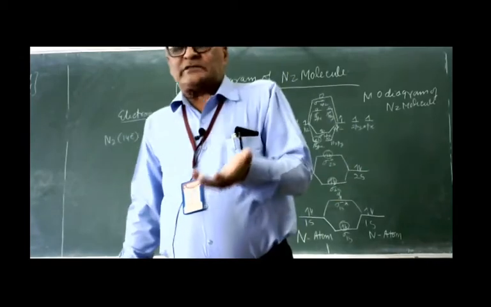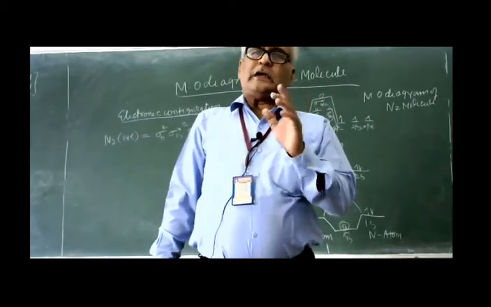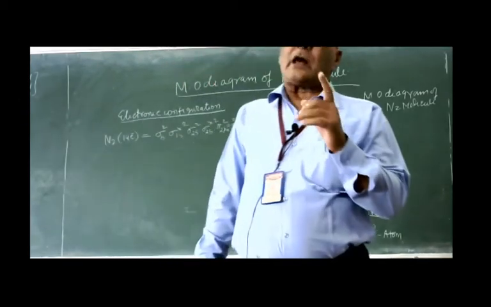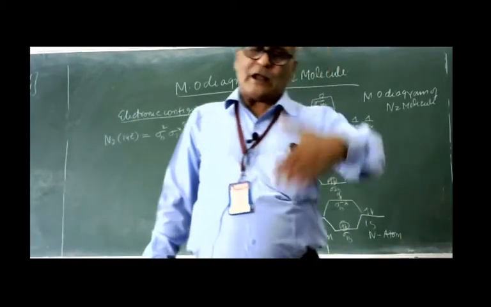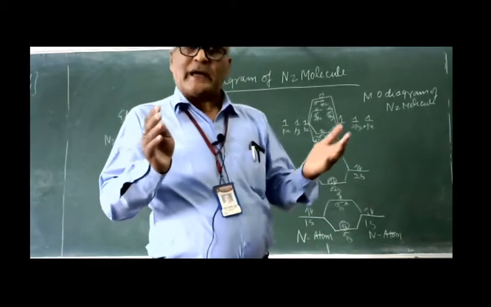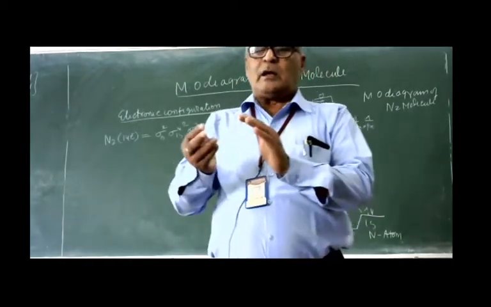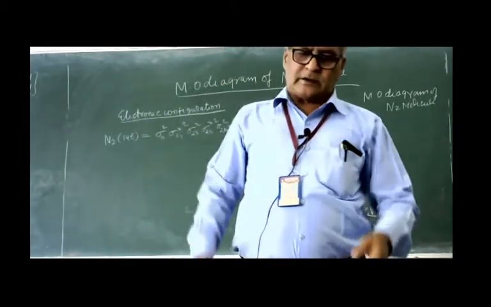So, how can we determine the magnetic character? Very clear. If there are paired electrons in every molecular orbital, then it is diamagnetic. Diamagnetic means the substance is repelled by the magnet.